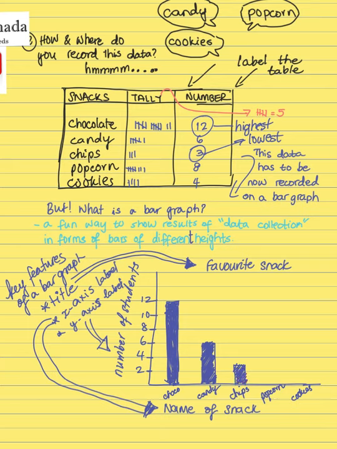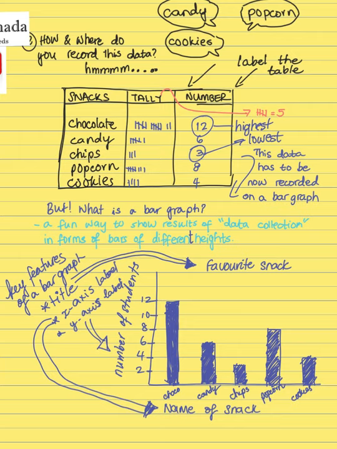Chips is the most favorite for 3 people. Now if you can see, the 3 is between 2 and 4. So that's how tall the bar for the chips is. Popcorn is the most favorite for 8 people, and last but not the least, cookies is the most favorite for 4 people. And look at this bar chart now.